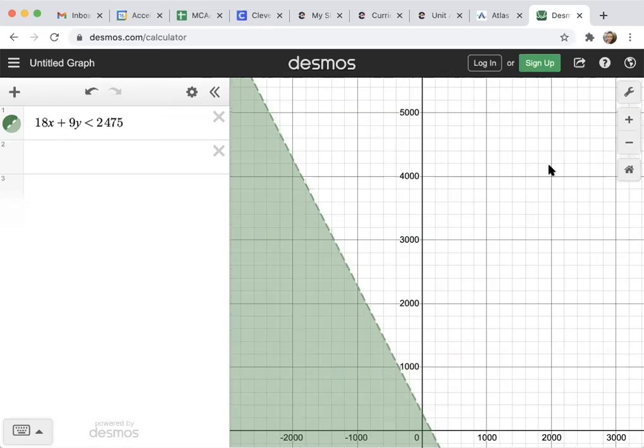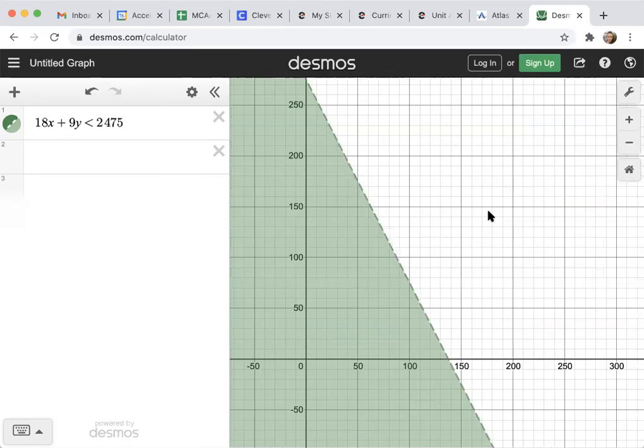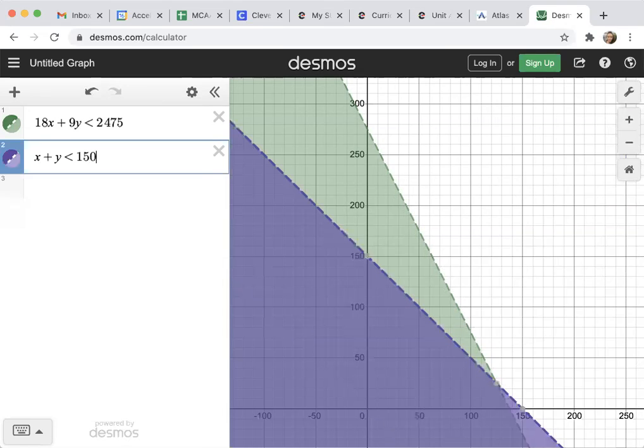Okay. Should have recentered my graph before I started. Okay, and then the other part was adults plus children. So adults is X, children is Y, and there has to be less than 150 people for the venue.